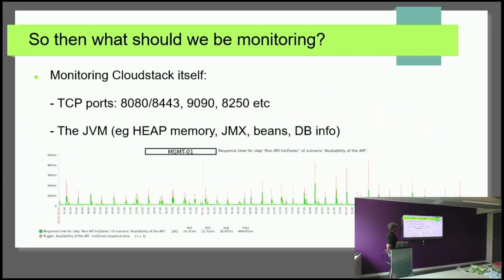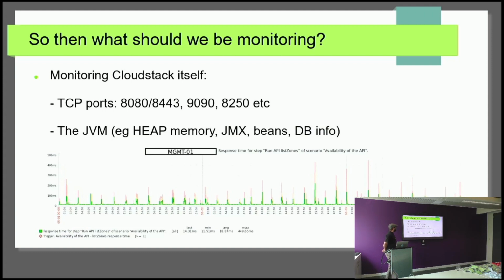Okay, getting closer to CloudStack itself. So what else do we need to monitor? Well, the CloudStack TCP ports that it's using for everything, really. So we have our access ports to the UI and the API, 8080 and 8443 if you want secure communications.